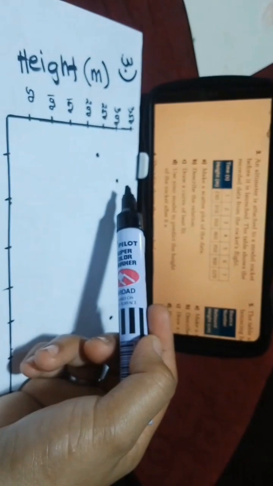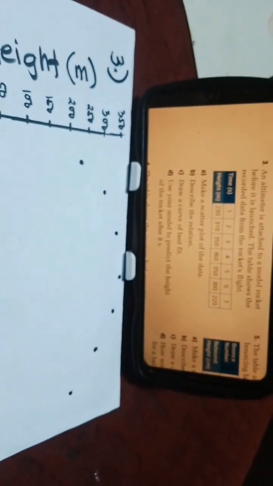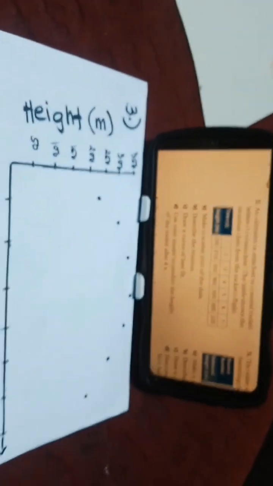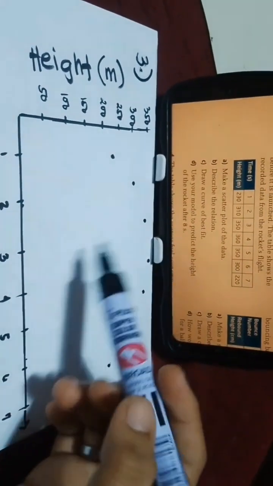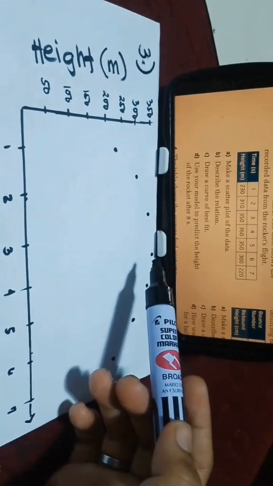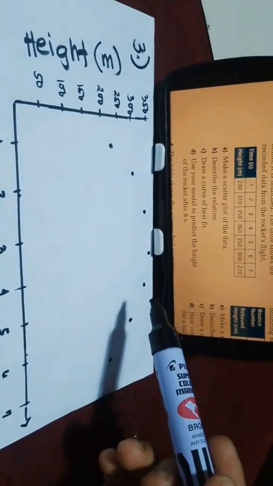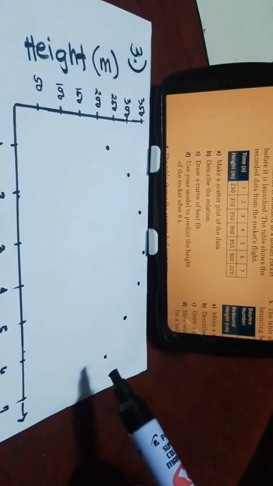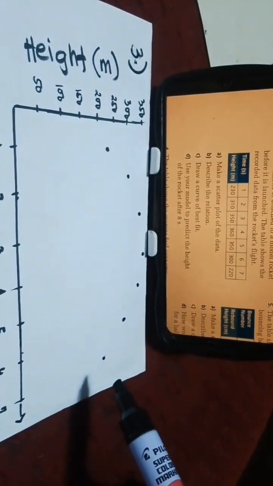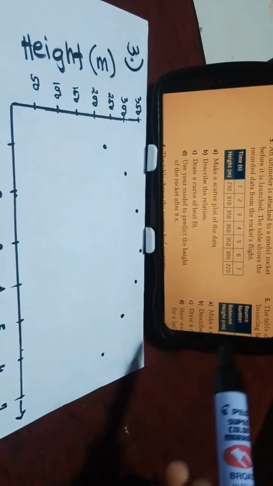At 2 seconds, it is at 310 meters. For 3 seconds, we have 350, 364 for 4 seconds, 350 again for 5, and 300, and for 7 seconds it went down to 220 meters.